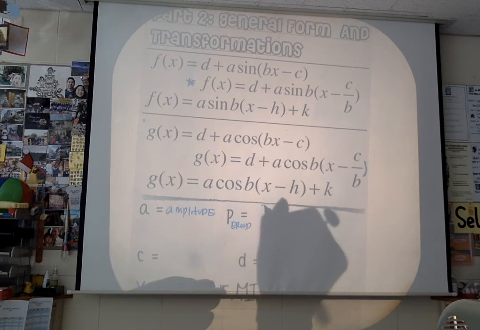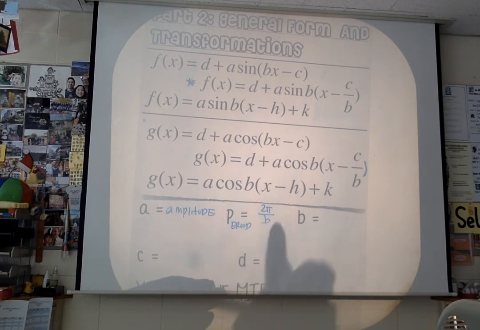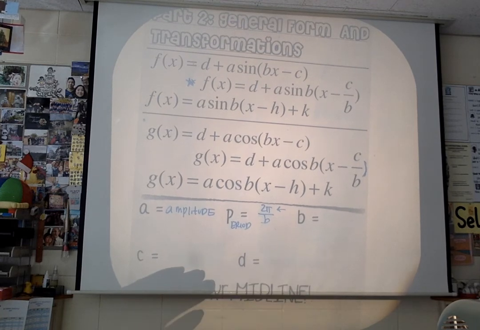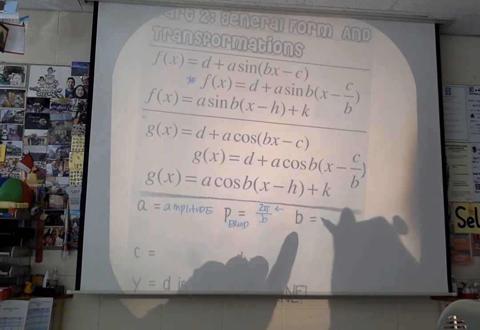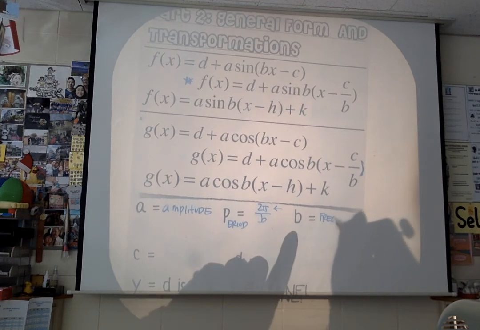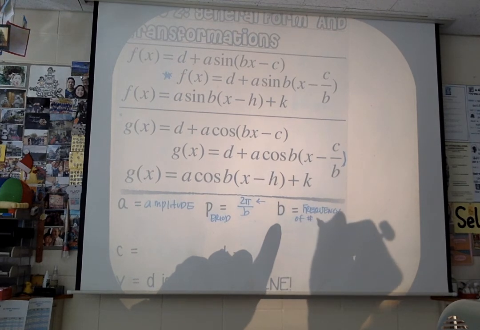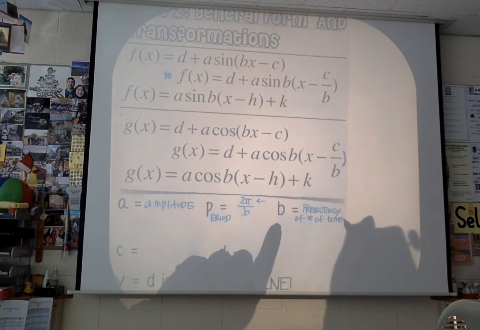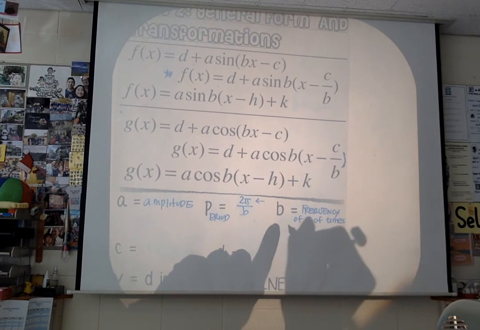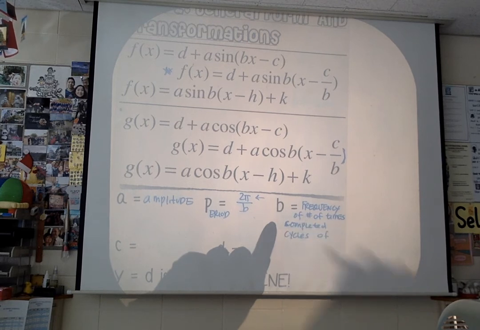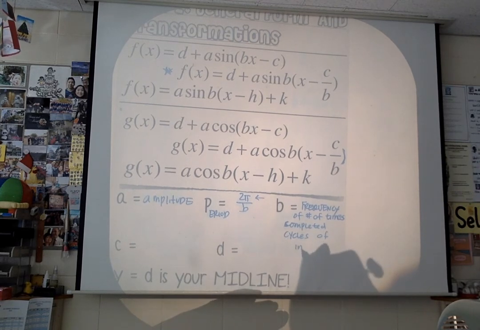And that's going to be 2 pi over b, because this is the period of sine and cosine, and you divide it by b. We'll discuss more of that later. B is sort of your frequency. I'll show you what that is when we start graphing. It's the number of completed cycles of your period, of a sine or cosine in 2 pi.